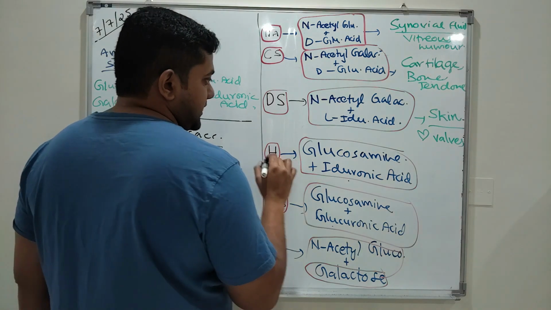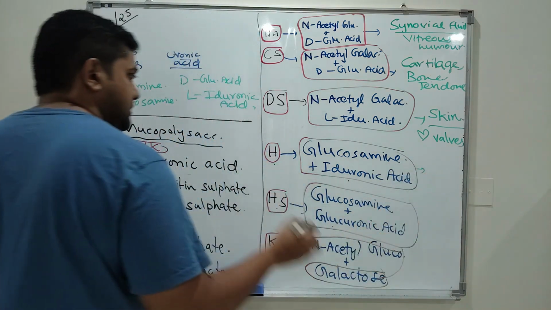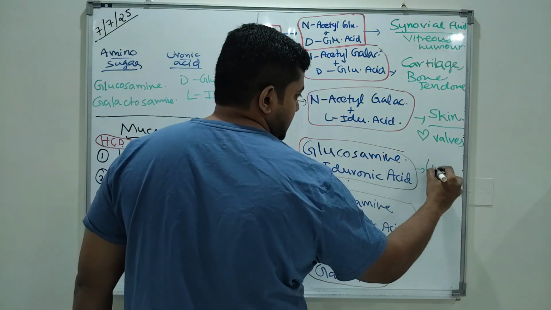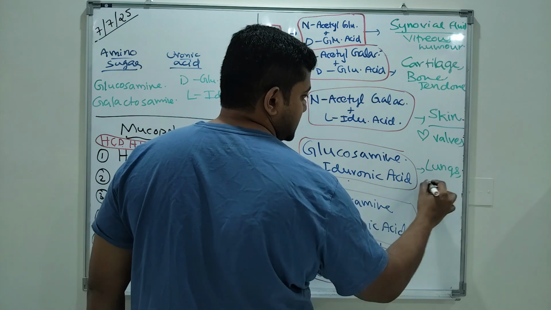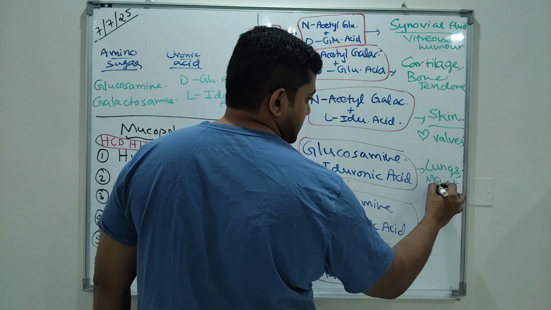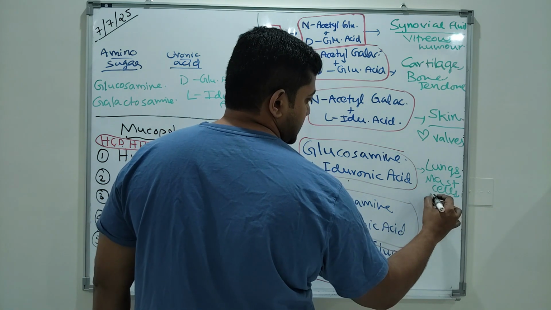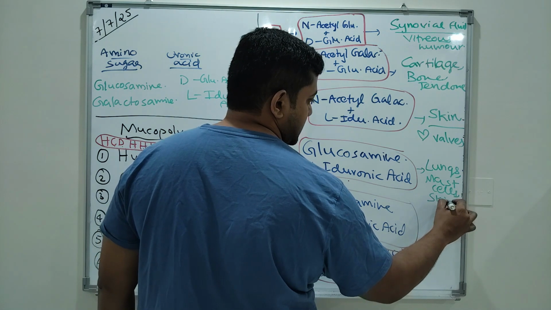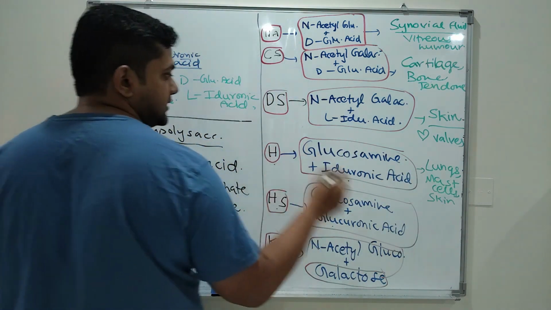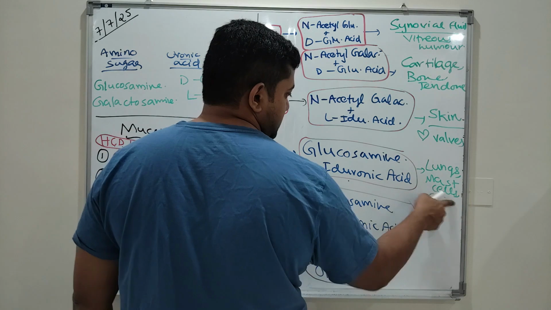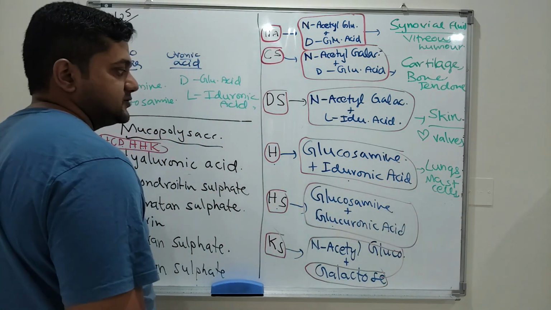And heparin as such is found in lungs, mast cells, skin and all. But the main thing in skin is dermatan sulfate. Mainly in lungs and mast cells you have heparin.